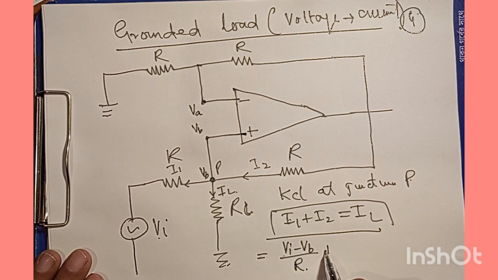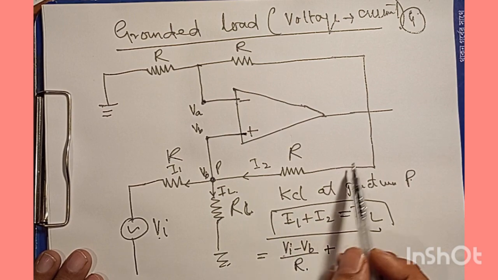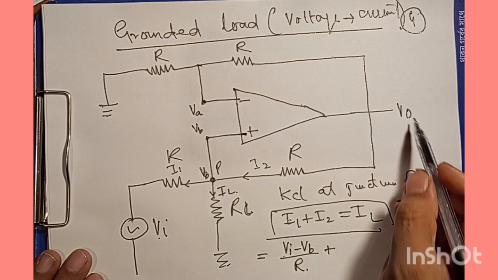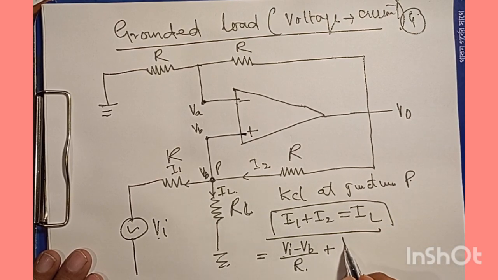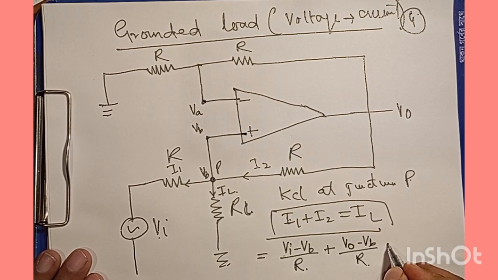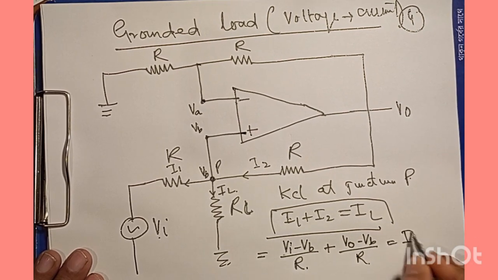And then plus, now what is I2? So this is the output voltage, so it is V out minus VB, divided by R. That should be the case. And this is equal to IL.